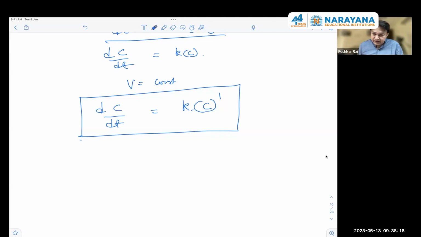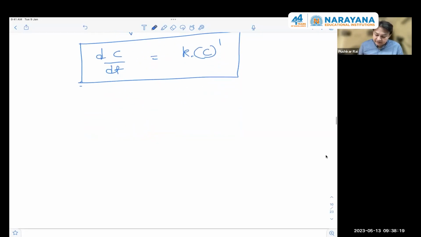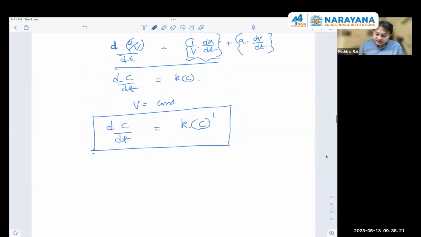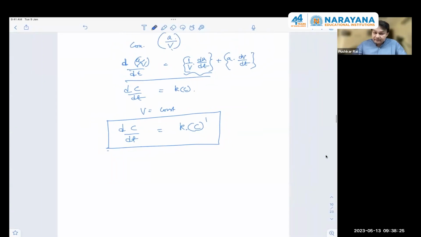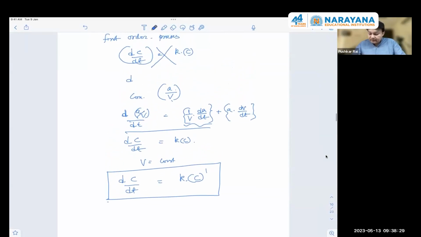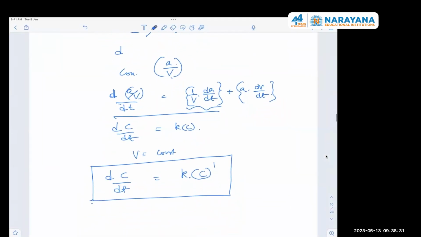So keep it in mind. The problem is based on this factor, that this will be totally challenged as soon as volume is variable. If volume is not variable, then your approach is all right. But if your volume is variable, sir, then in that step, d of (A by V) by dt, you have just divided, but you have written the derivative wrong.